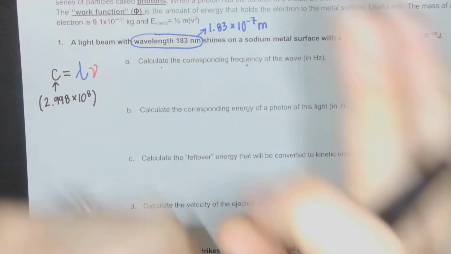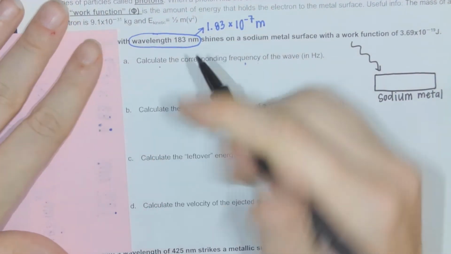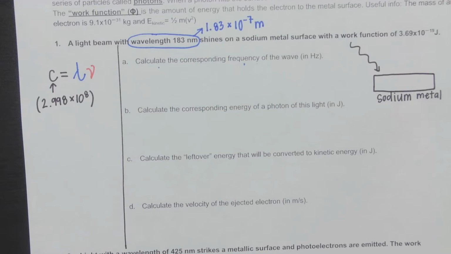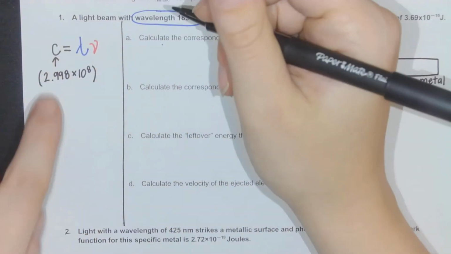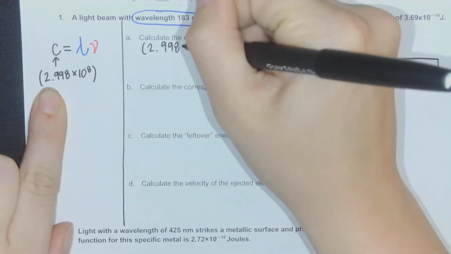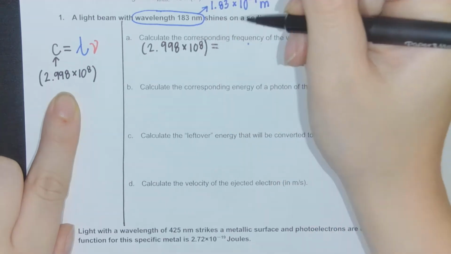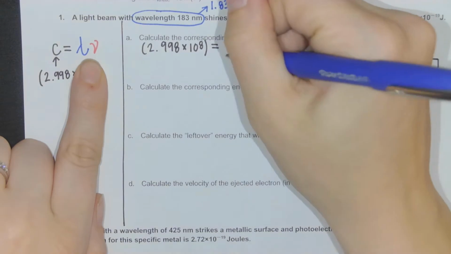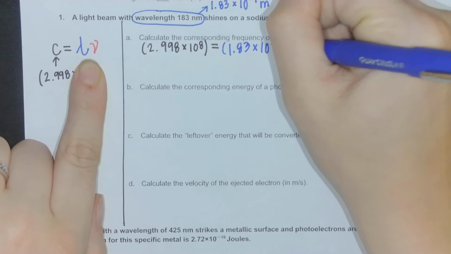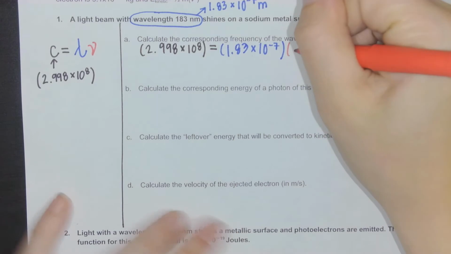I have a little separator line to keep the equation separate from my work. C equals wavelength multiplied by frequency.